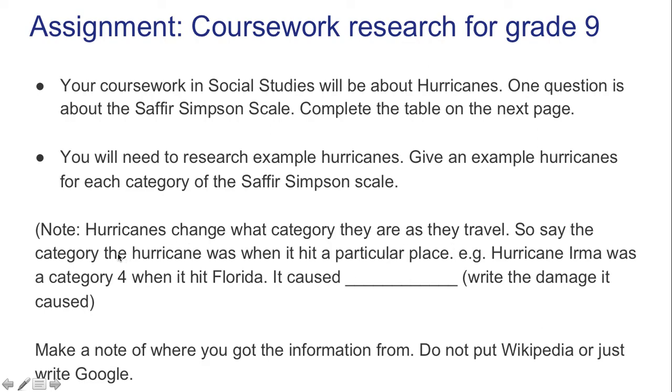So let's say the hurricane in one particular place was a category 4 in Florida, then if you're going to use Hurricane Irma as your example, you'd have to say where it was and what category it was when it hit that place. So Hurricane Irma was a category 4 when it hit Florida. It caused the following damage.